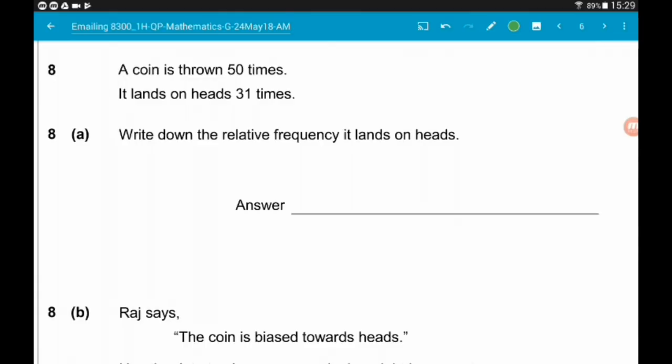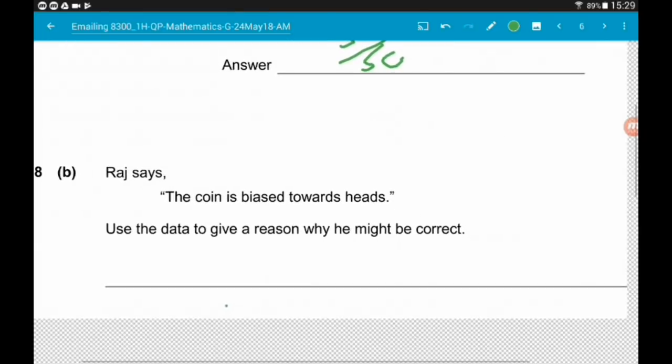So here we're interested in heads. There were 31 heads. The coin was thrown 50 times. So it's 31 out of 50.